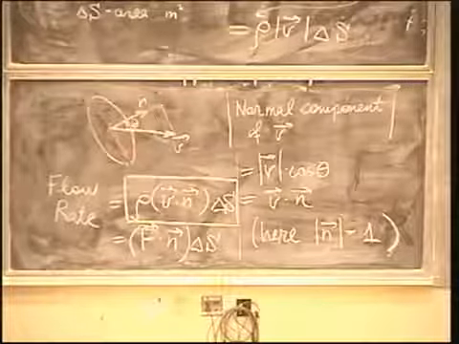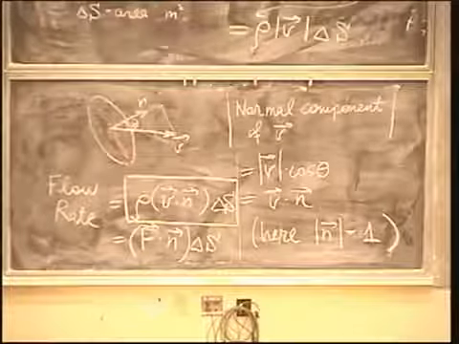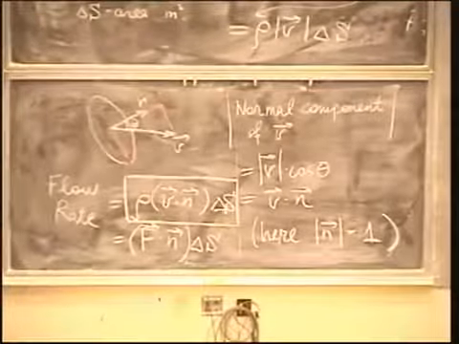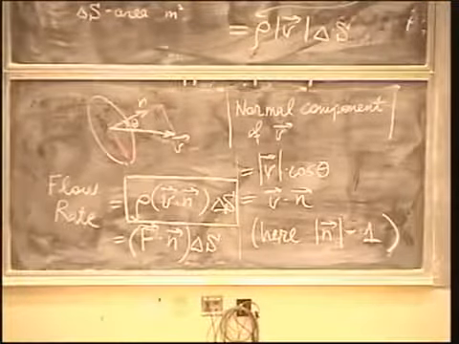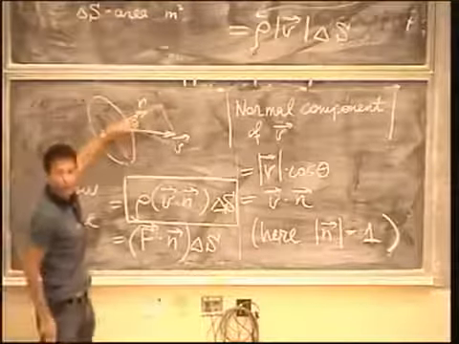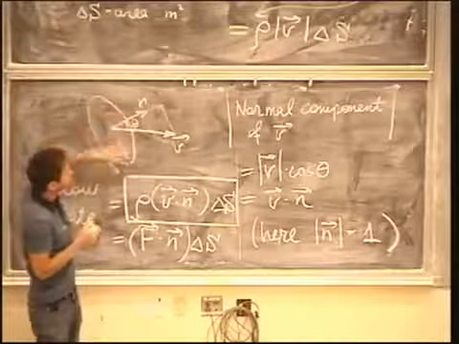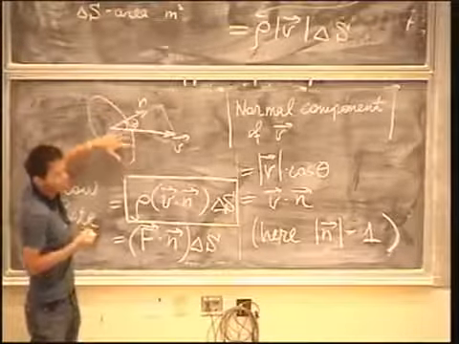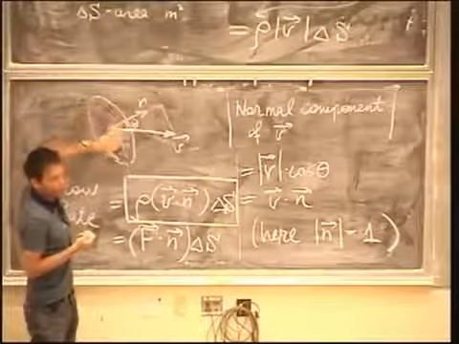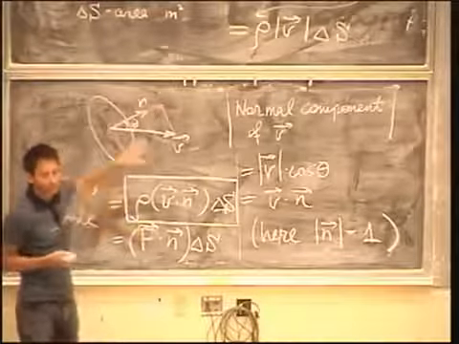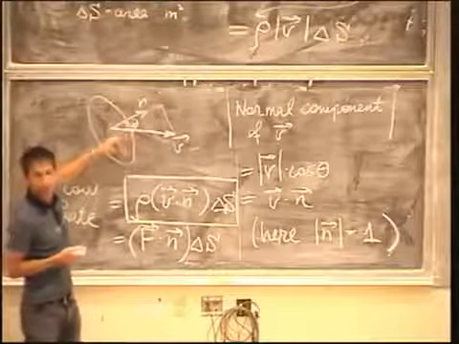So what mattered was the tangential component of the vector field, tangential to the curve. What matters now is the perpendicular component, because we are talking about the flow through, not along the surface. There's no such thing as a flow along the surface. It could be something along the curve. You cannot have something along the surface. It has to be across the surface.